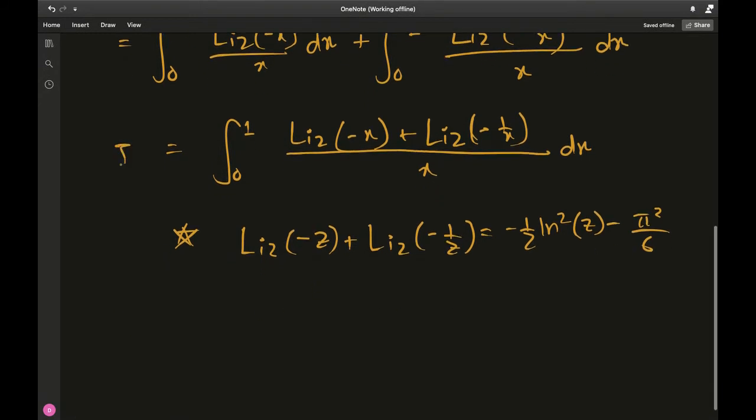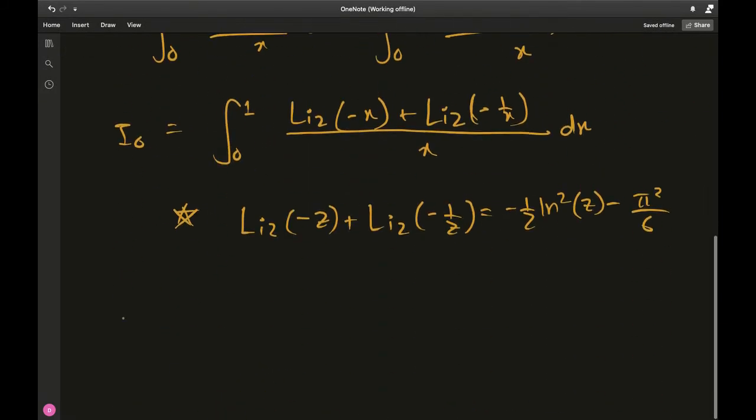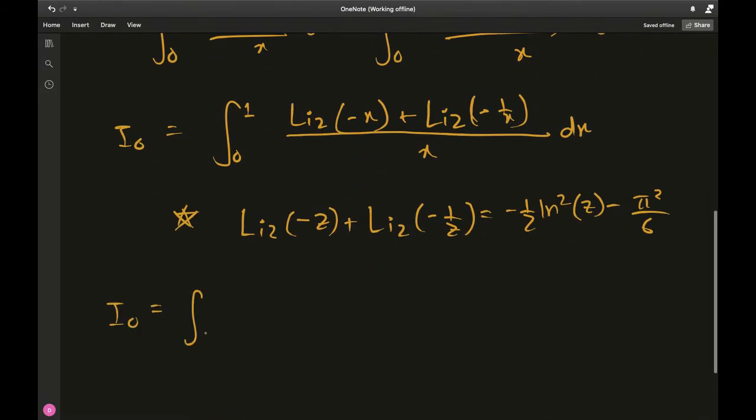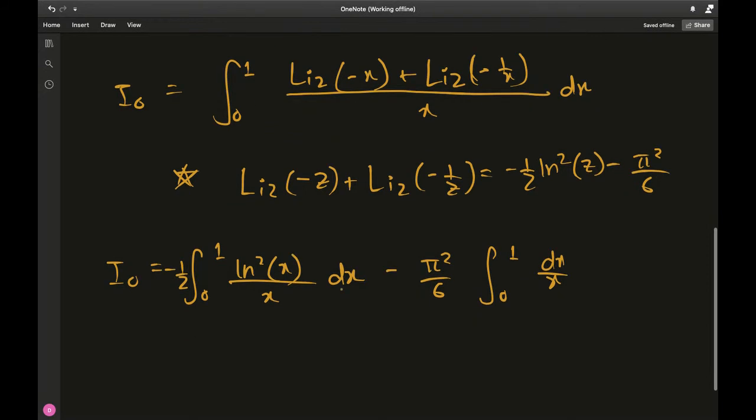So now applying that to our I naught, we have integral from 0 to 1 of minus half natural log squared of x over x dx minus pi squared over 6 integral from 0 to 1 dx over x.